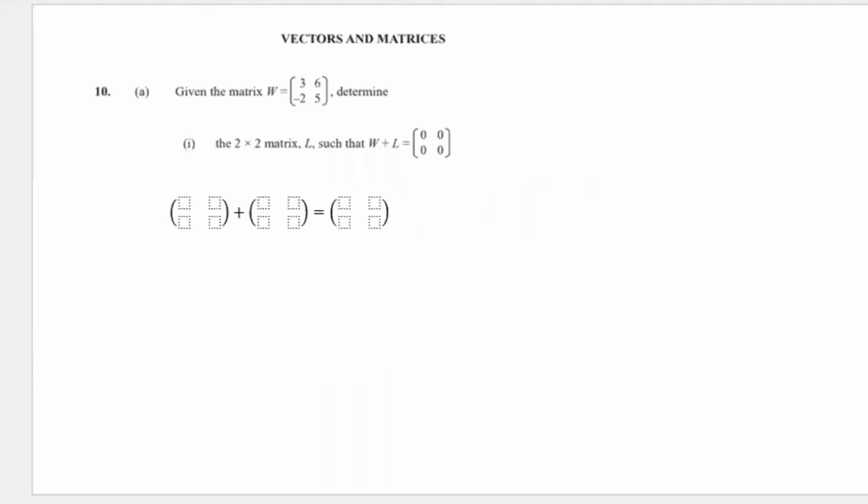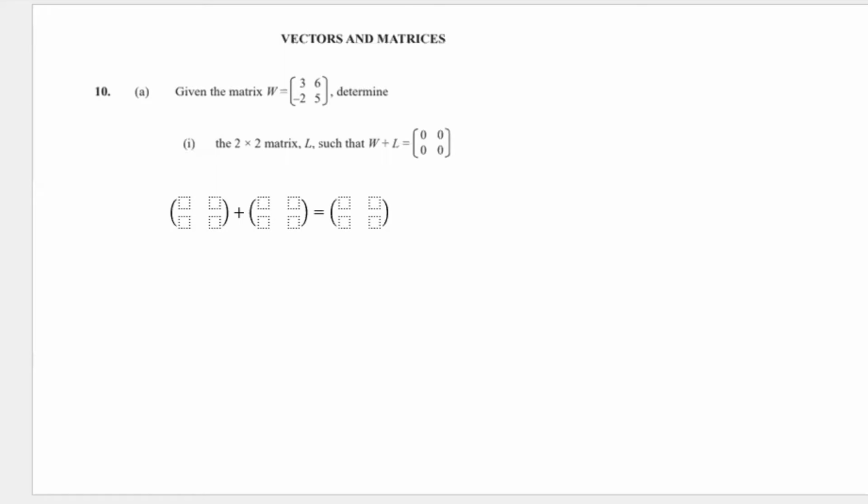So let us go. Question A, part 1 says, given the matrix W, and yes, it is under vectors and matrices, it is equal to 3, 6, negative 2, 5. Determine the 2 by 2 matrix L such that L plus W is equal to 0, 0.